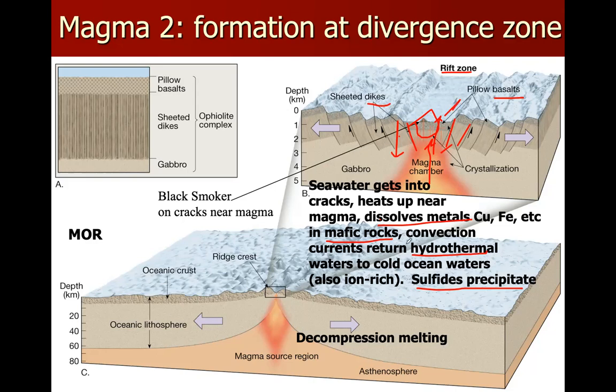So we call this decompression melting, because when the plates are moving away from each other, this area becomes a low pressure region, right? That's why it's a vacuum-like area.